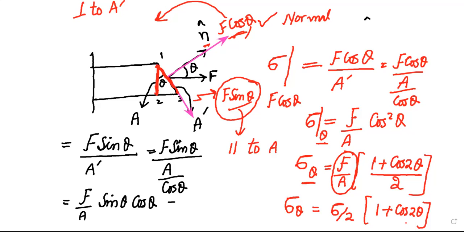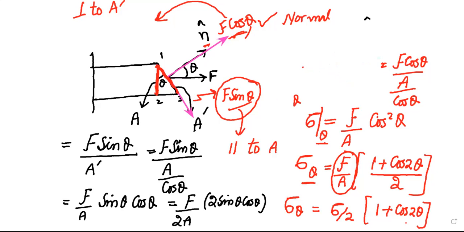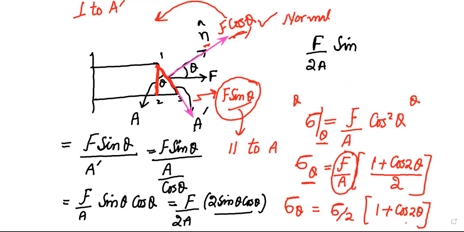If we multiply and divide by 2, we can write this as F by 2A times 2 sine theta cos theta, and this 2 sine theta cos theta can be written as sine 2 theta.